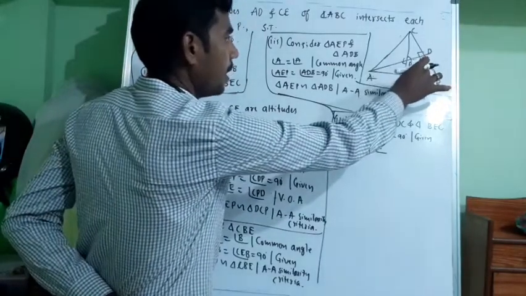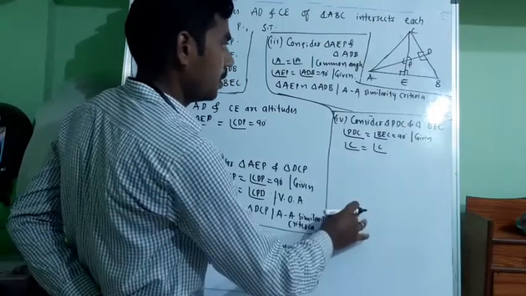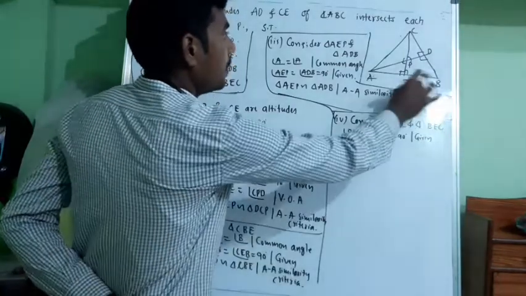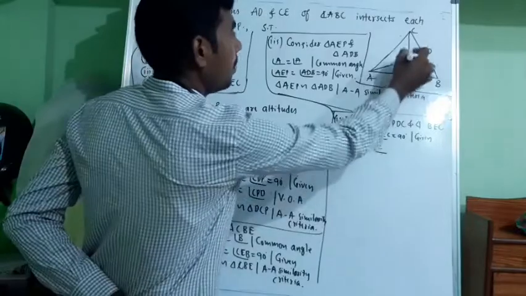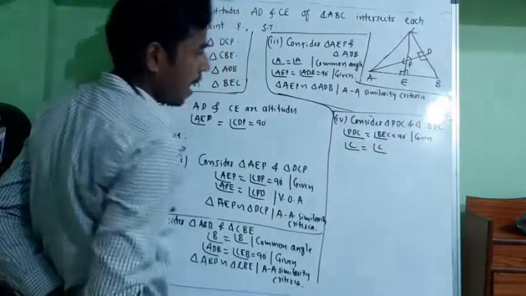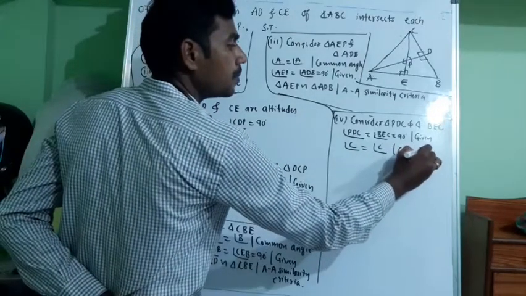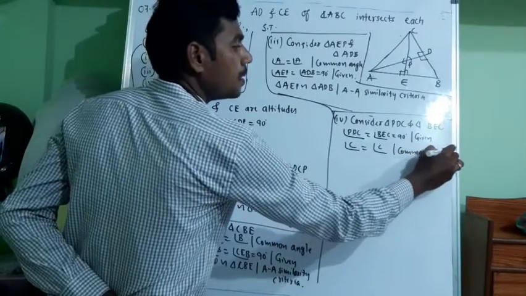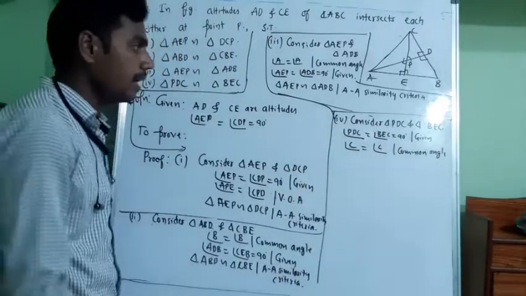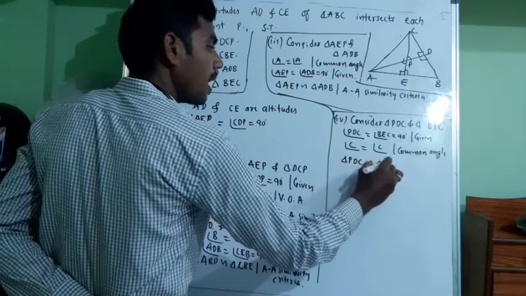PDC and BEC, correct. Angle C is equal to angle C, it is a common angle. So from these two, what can we say? Triangle PDC is similar to triangle BEC.